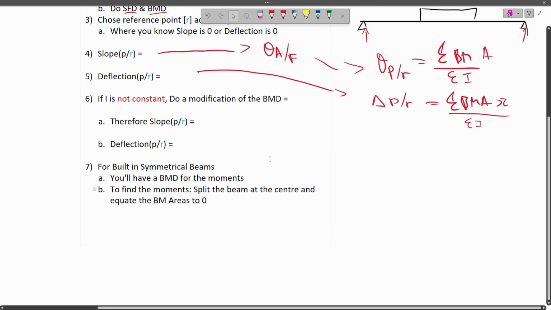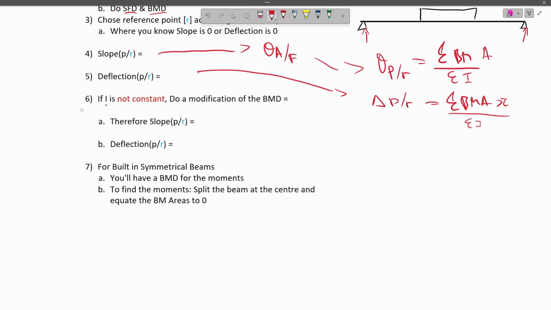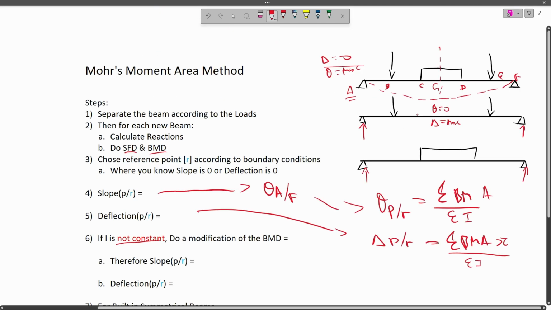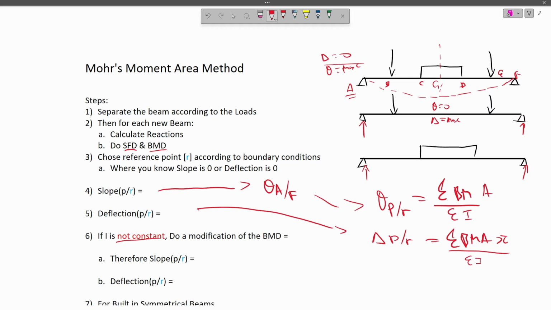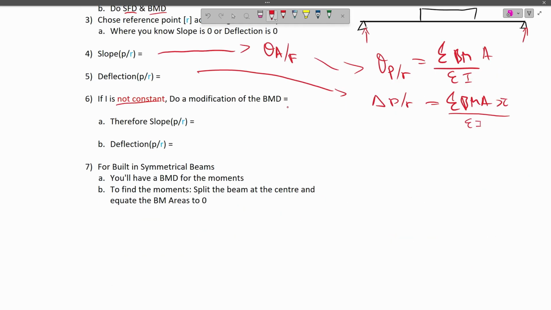And then, if you're given a moment of inertia I that is not constant, you'll have to modify your bending moment diagrams for each diagram. You modify the bending moment for your point loads and the bending moment for your UDLs. By modifying, basically, you're going to say the bending moment divided by EI, and then times 10 to the 3 to convert the units.